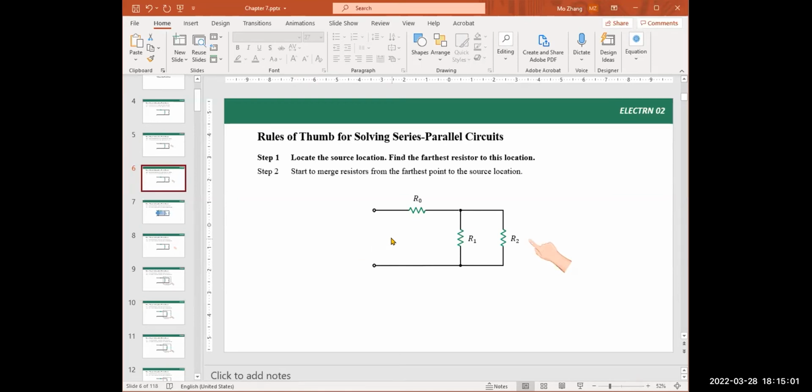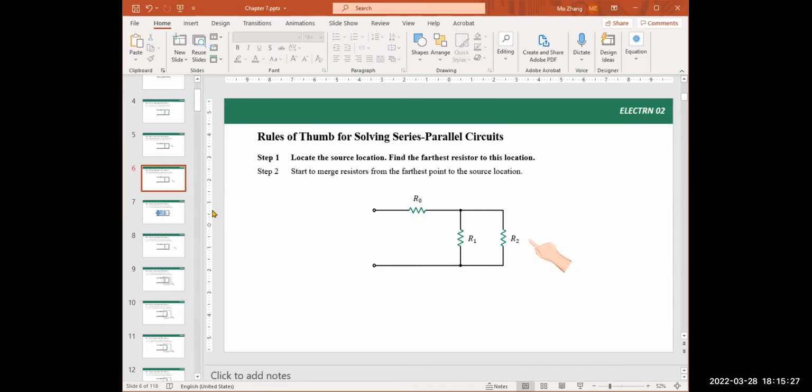So far this is true for all the circuits I have seen. I have tried and solved many circuits, and this method works for 100% of the circuits I have seen. This is the rule of thumb for solving series-parallel type circuits.